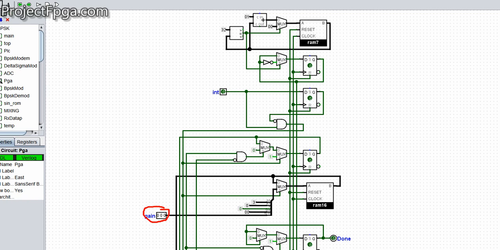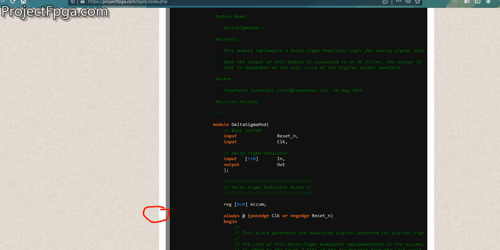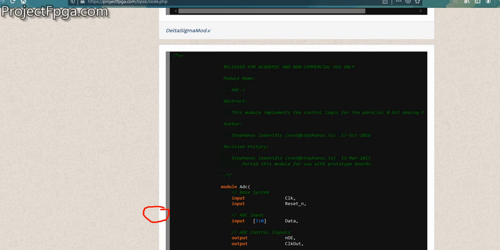The main fundamental part of a BPSK modem, I'm going to treat later in the sub-circuit also called BPSK modem here. So these are more like the peripherals that make up the surroundings of this whole circuit, but you need to understand them to understand the Verilog code that I've written on my website.